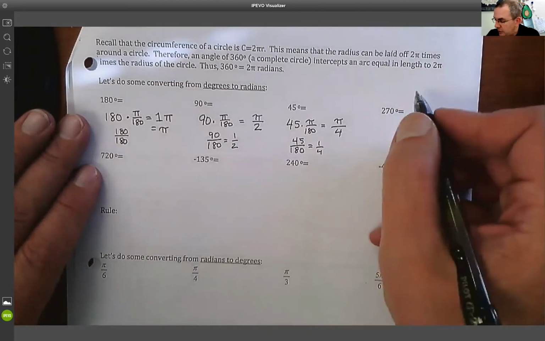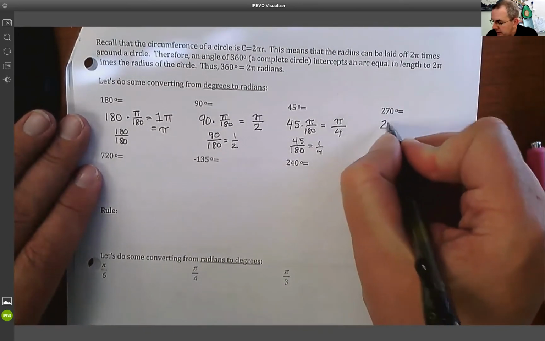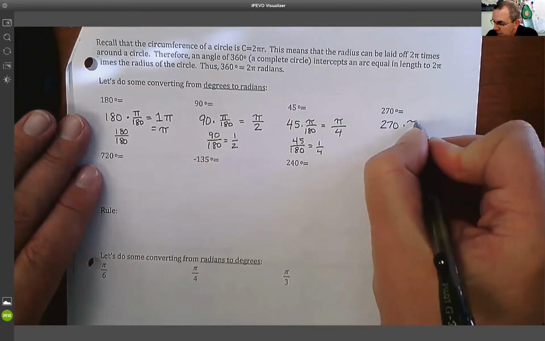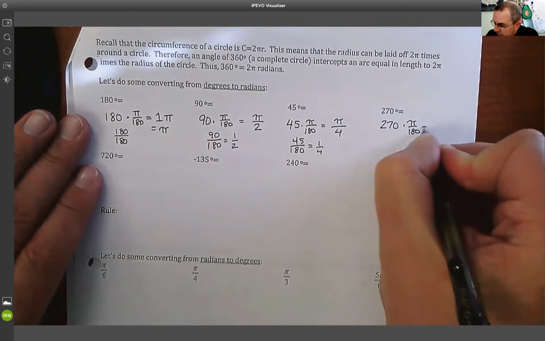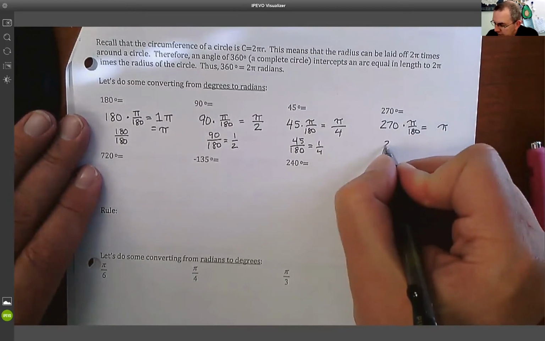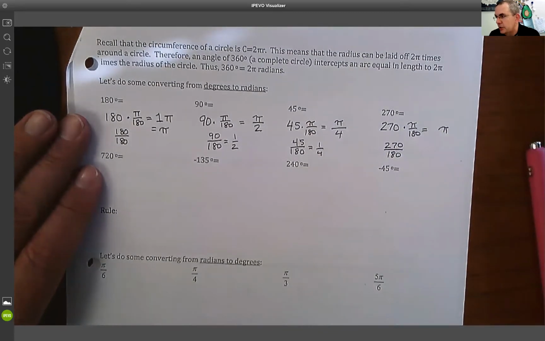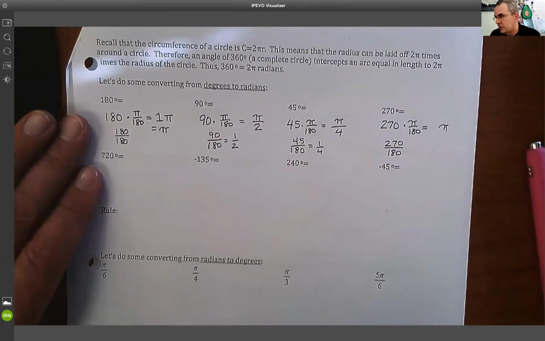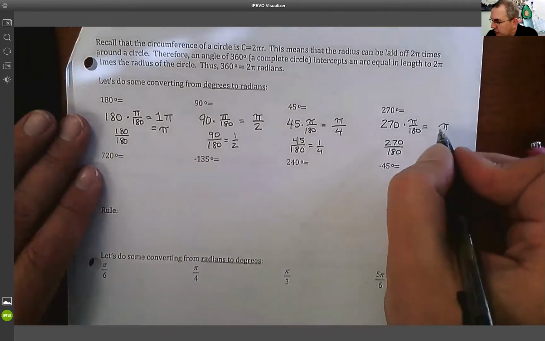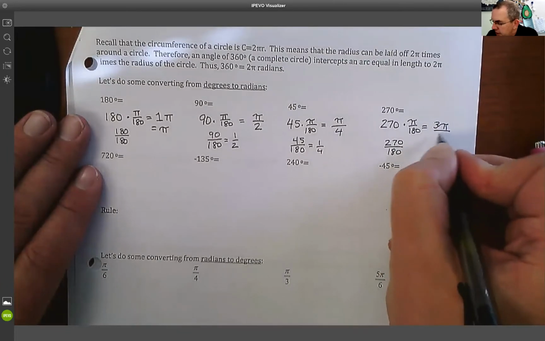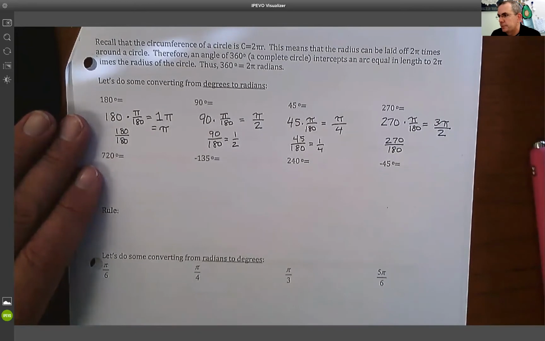And we keep following the same logic. We go through 270 times pi over 180. The pi floats over. We need to figure out what is 270 divided by 180. As you do it in your calculator, 270 over 180 is going to be 3 over 2. So it becomes 3 pi over 2.